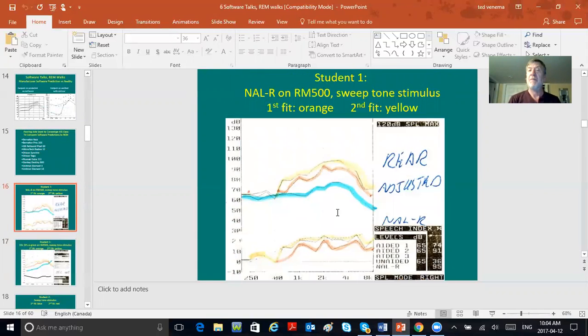Let's look at student number 1, and she compared NAL-R, the old linear fitting method, remember from our early days, on an RM500, that's an Audioscan real ear system. The stimulus was a sweep tone, meaning it went brrr, brrr, brrr.